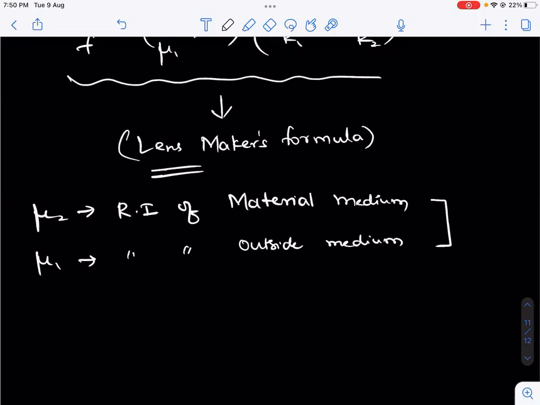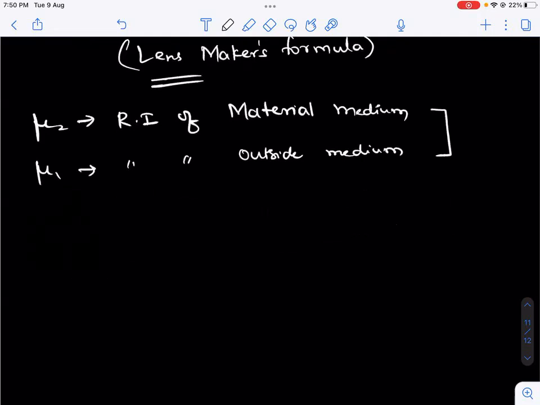Right? Now, having said this, there are some important points that we need to understand with respect to the lens maker's formula.